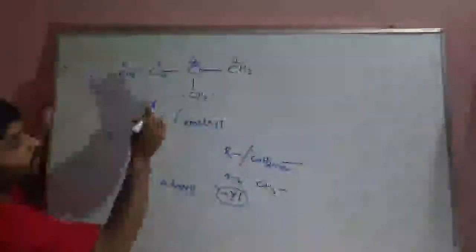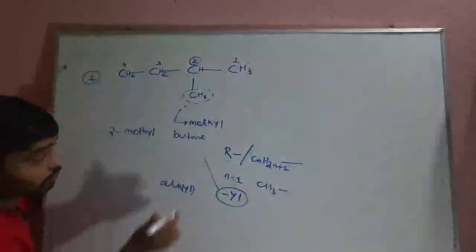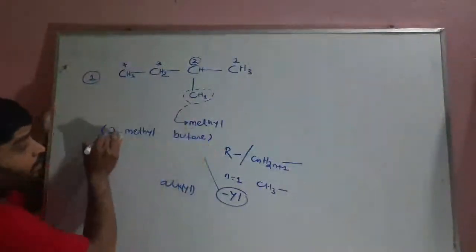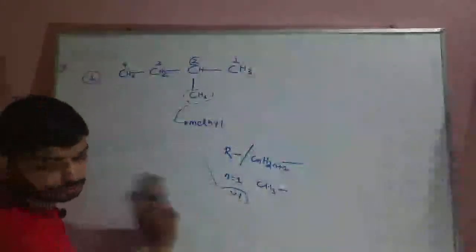The straight chain organic compound, being a derivative of alkane, has 4 carbons and single bonds, so the name becomes 2-methylbutane. 2-methylbutane. Next question.